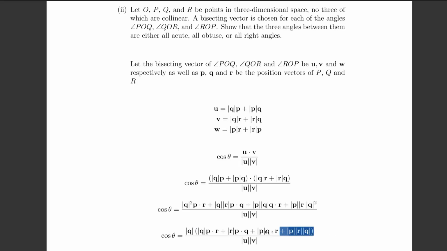And in fact, this term is what determines whether or not the cosine function is positive, negative, or equal to 0, right? Because we know that this magnitude has to be greater than 0, and then obviously the denominator is greater than 0, right? And that's going to be true for all the other dot products. So the only thing that would really change is this and this, but that doesn't really matter because those are magnitudes, so they're always positive.